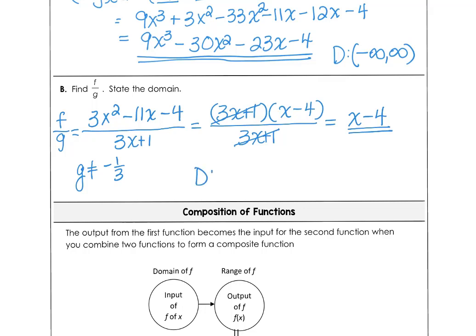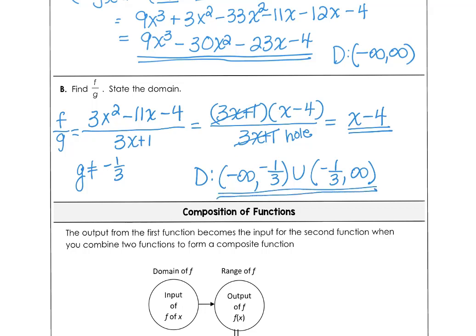That makes the restriction for our quotient go from negative infinity to negative 1/3. There's going to be a hole there. This creates a hole. When we cancel, that creates a hole in the graph. And then from negative 1/3 on to infinity. So our domain has one issue at negative 1/3.